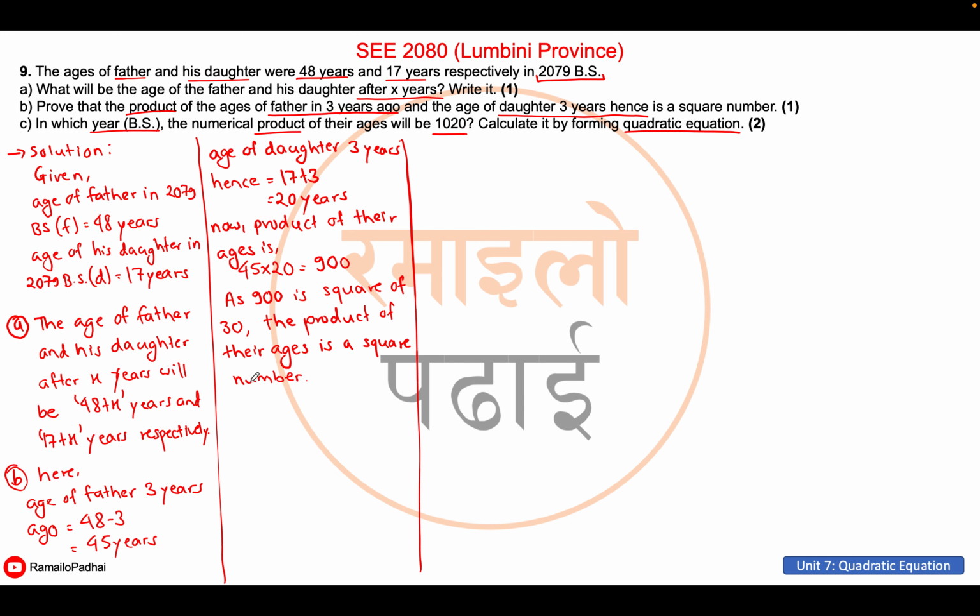So square number and perfect square are similar things. And now moving on to question number C.